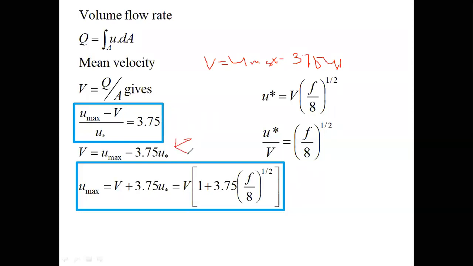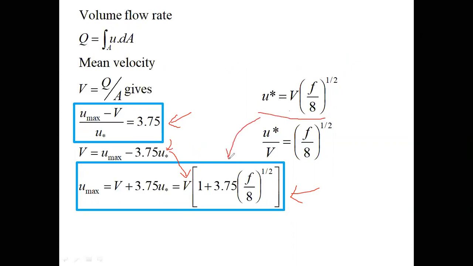Then previously you learned that u star equals V times the square root of f over 8. Therefore, we can modify this equation into this equation too, but you don't have to remember all those equations. You must remember this equation, then you can derive this, then remember this equation, then you can come to this.